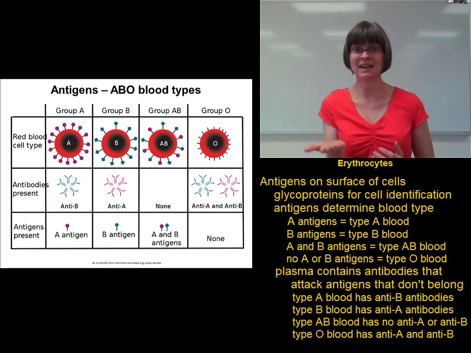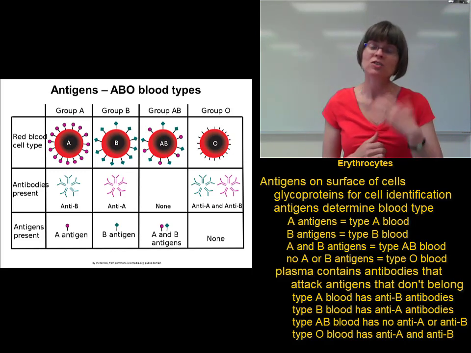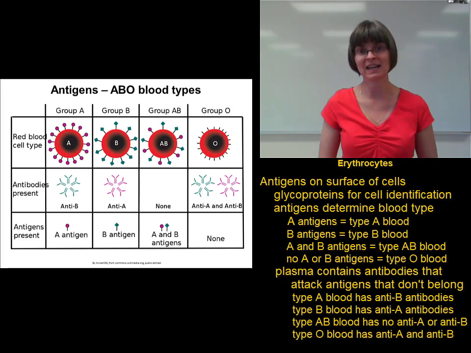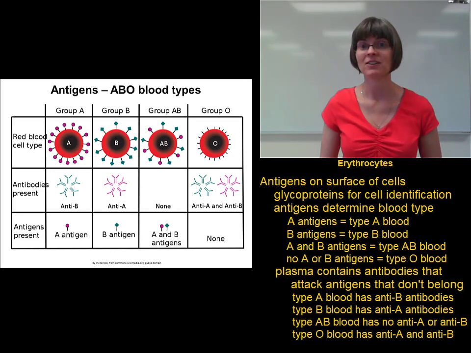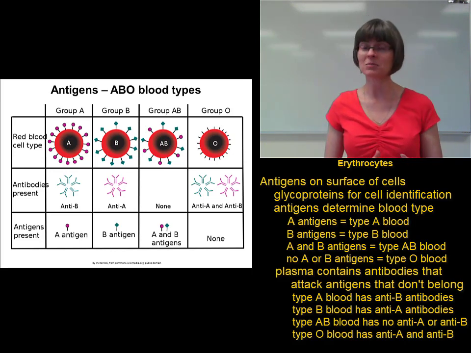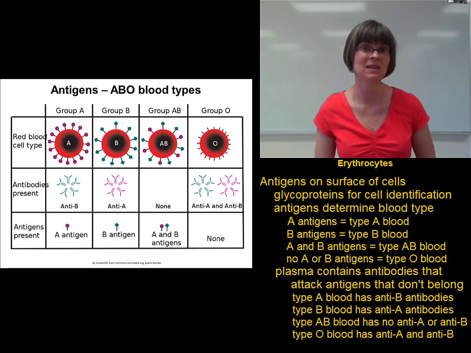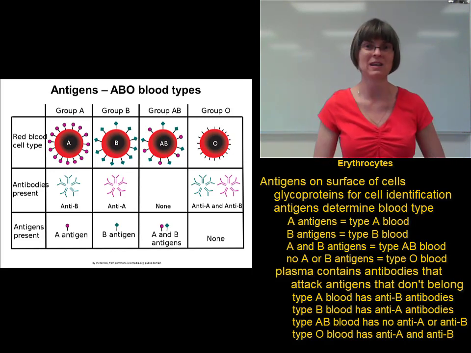No. Are you going to make anti-B antibodies? No, because A and B both belong. So you won't make any antibodies against those blood antigens. On the other hand, if you have type O blood, then A doesn't belong and B doesn't belong, and you'll produce both anti-A antibodies and anti-B antibodies to destroy A or B if it comes into your body.